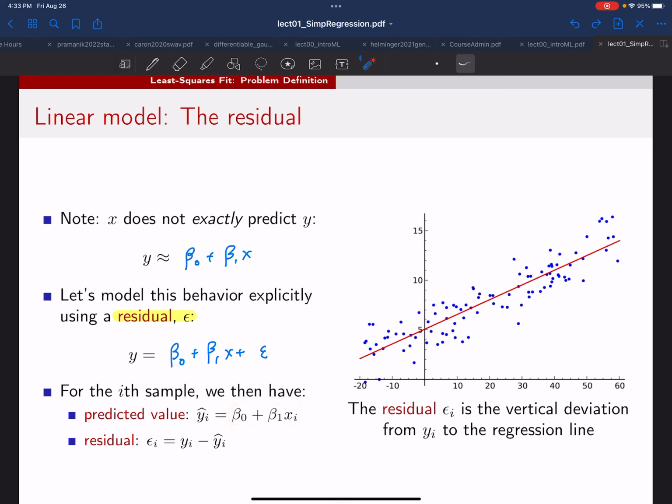But we can also write, for example, yi equals beta 0 plus beta 1 xi plus epsilon i. And now epsilon i would be the actual difference between the true data yi and our prediction yi hat. So let me give you an example. Maybe we're talking about this value here.